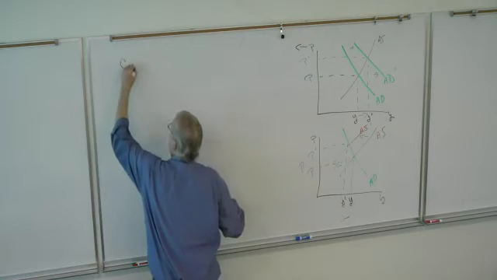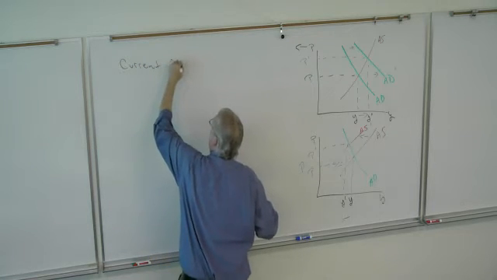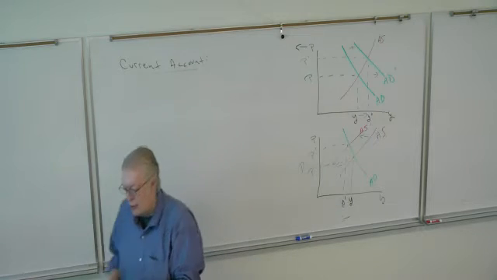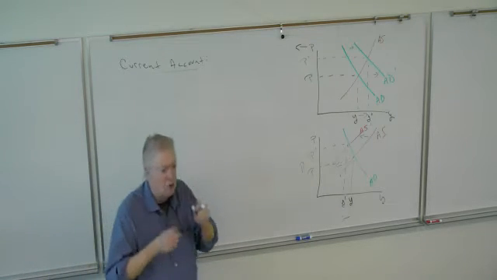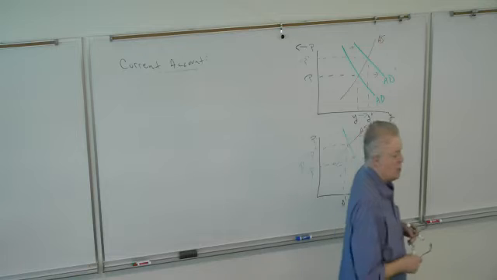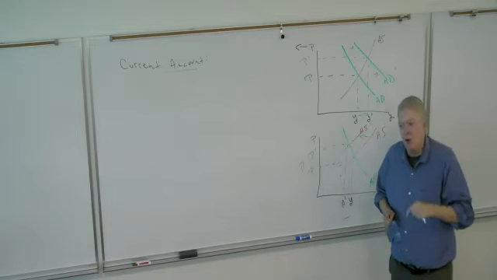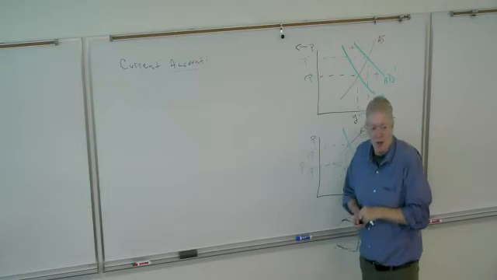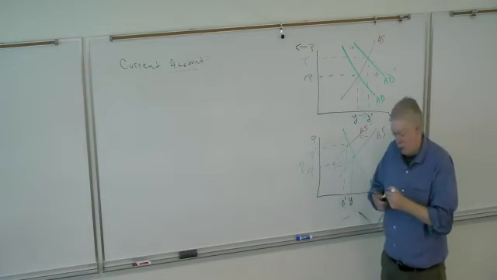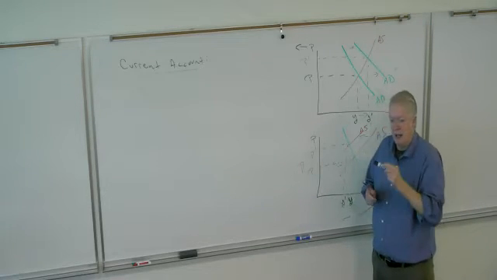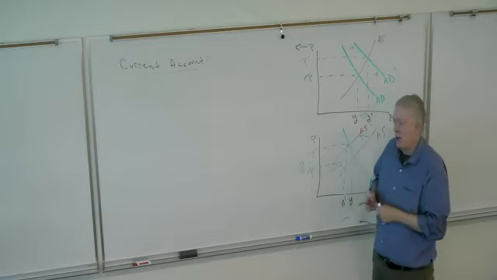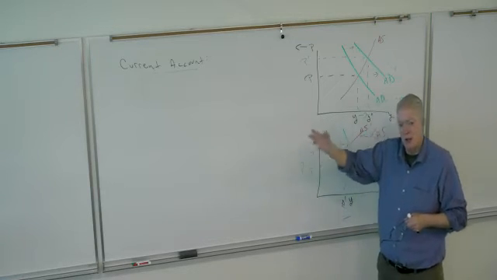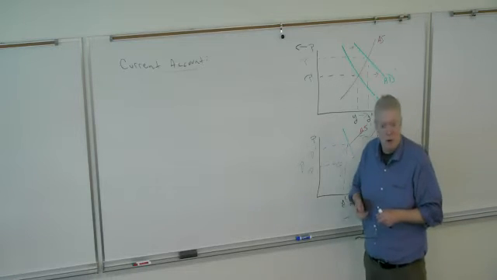So the current account does what? It goes simply beyond the balance of trade in terms of goods and services, and it also gets into the financial flows. And this is something we really haven't gotten into yet, is talking about financial flows. We've alluded to it, well, we've done it within the circular flow model inside the United States. That is, if I go to work as a wage earner, I provide labor, that's that sort of red arrow in the circular flow, and I get paid a wage, that's a green arrow, which I then turn into spending, it's a green arrow, and I get goods back, which is a red arrow.